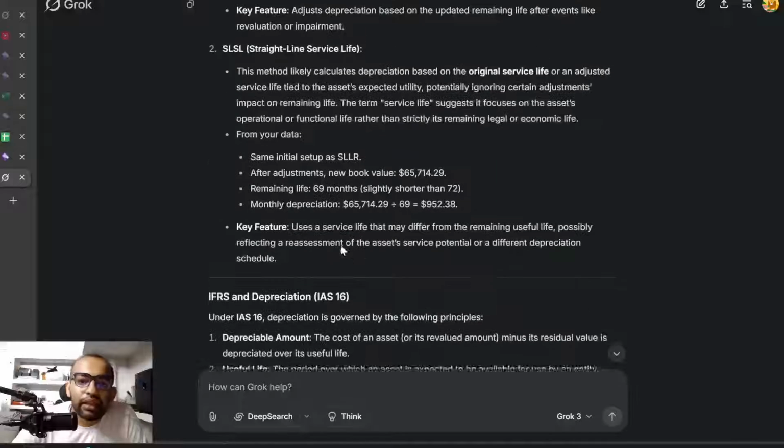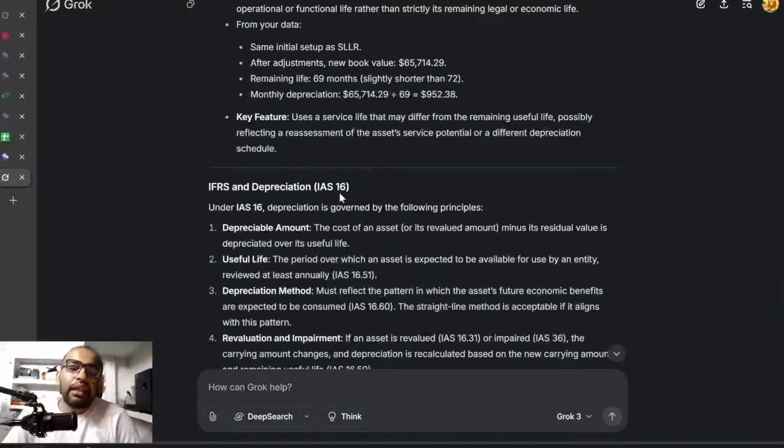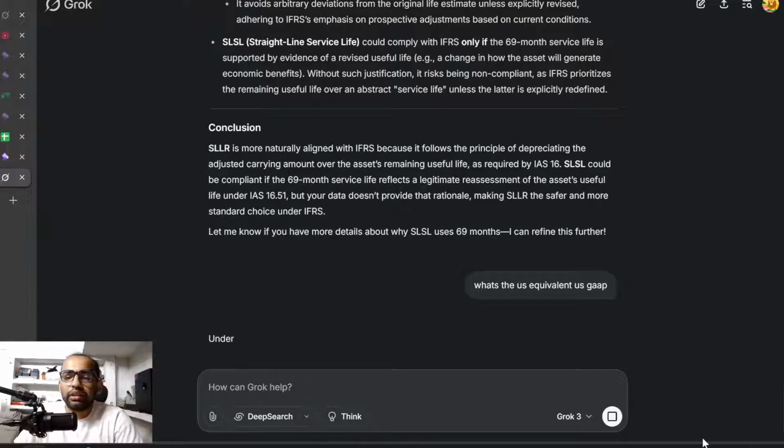So as per IAS 16, which in India we call Ind AS 16, and in the US I don't know, so let's see what the US GAAP equivalent is.